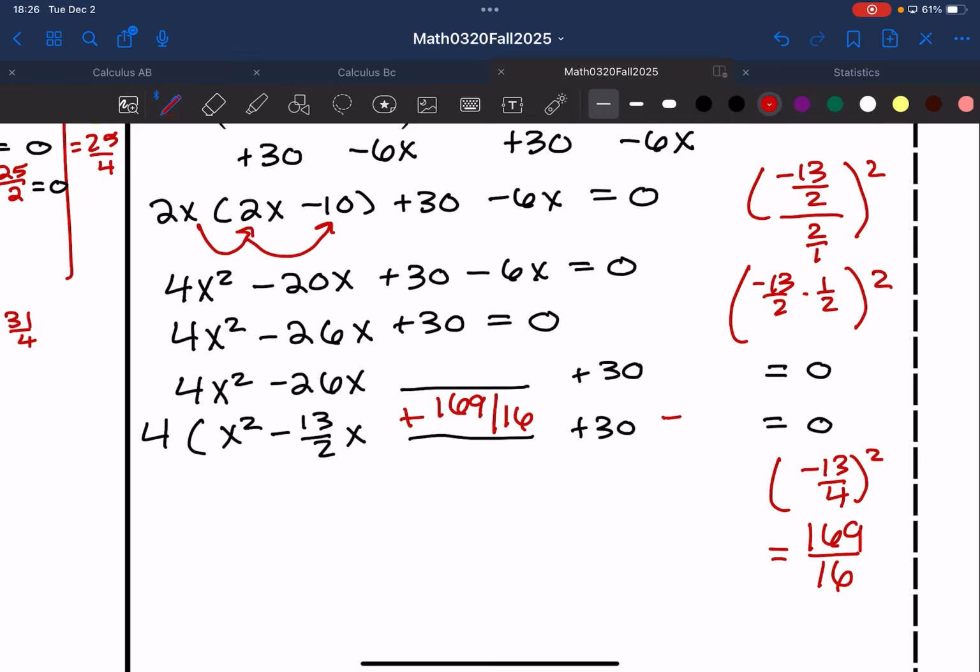So this is minus 169 over 4. Again, this was 4 times 169 over 16. I made this 4 over 1. Remember, we can always cancel on the diagonal, so I divide this by 4 and get 1, this by 4 and get 4. 1 times 169 is 169. 1 times 4 is 4.